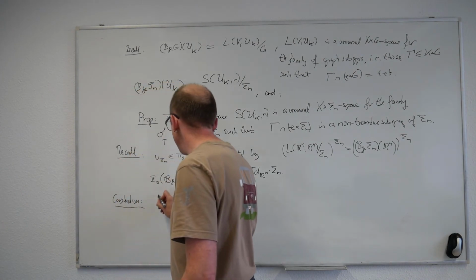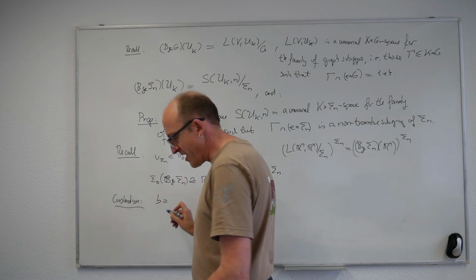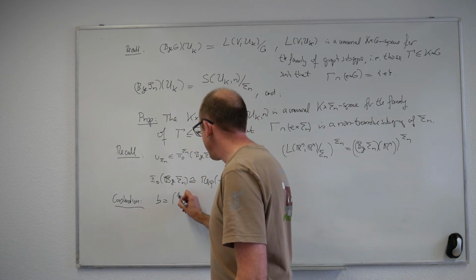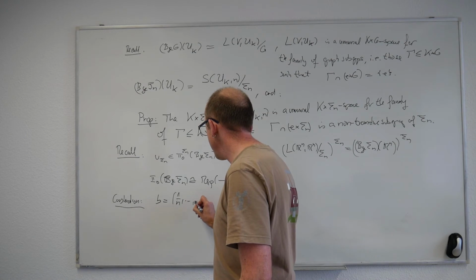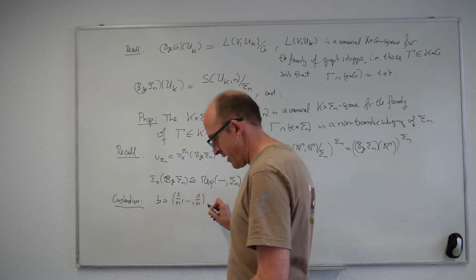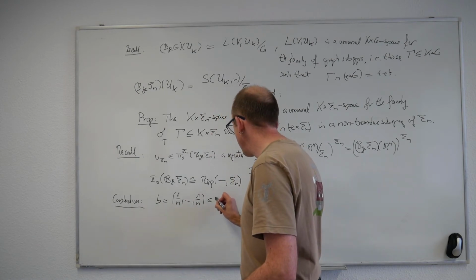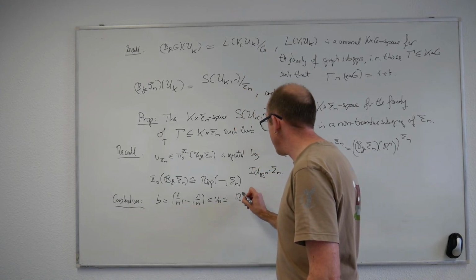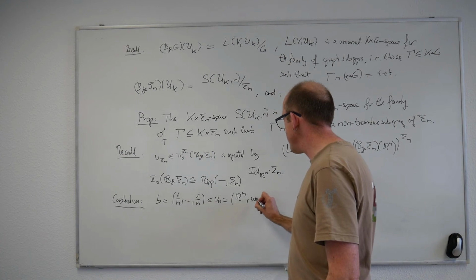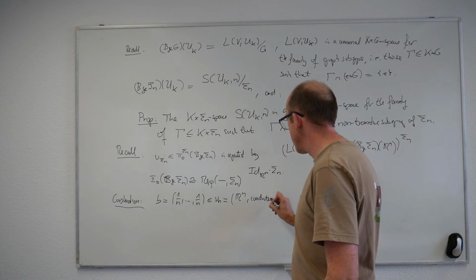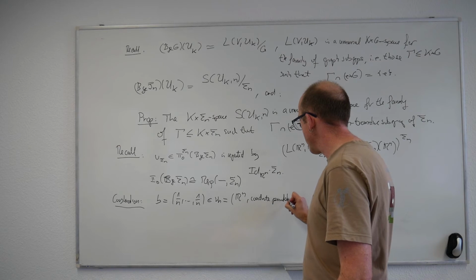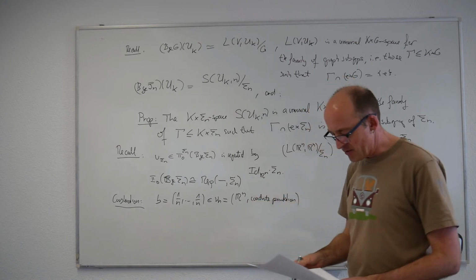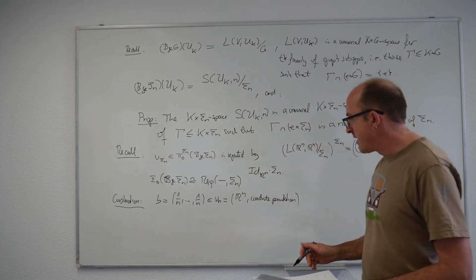Let me first introduce an element that I call b. b stands for barycenter, and it's the vector 1/n times (1,...,1). And this lies in ν_n, and ν_n is now my abbreviation for R^n with a coordinate permutation action by Σn. So I'm using this when I want to consider it as a representation of Σn.